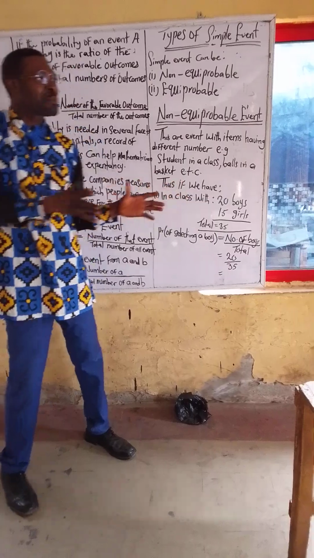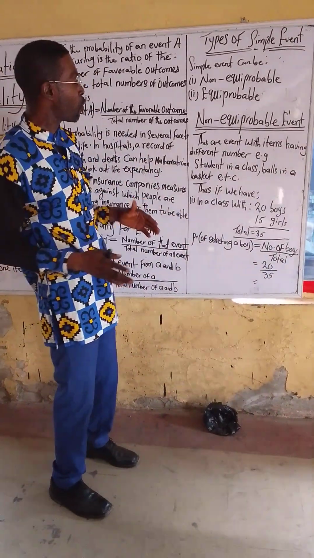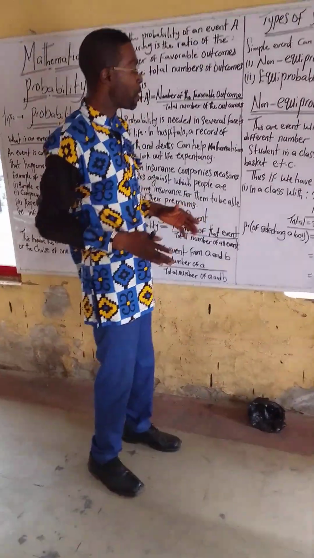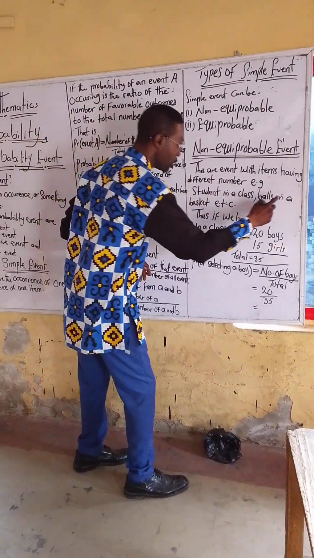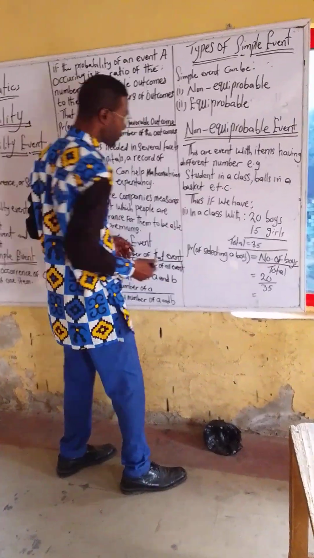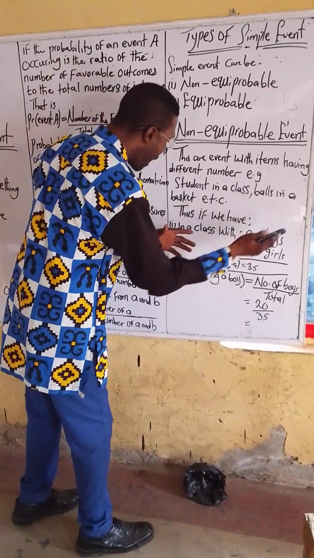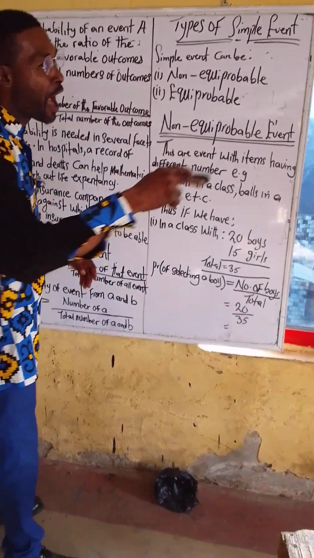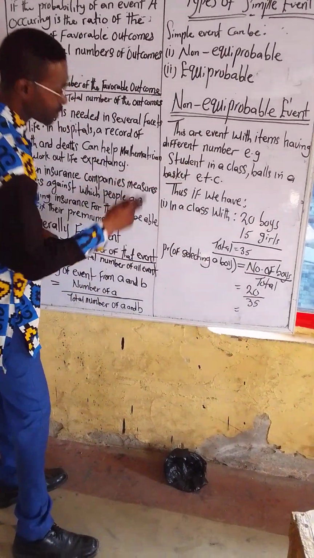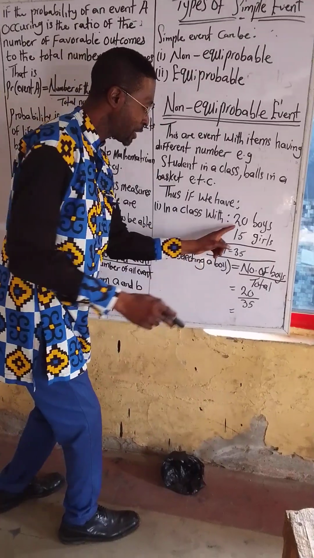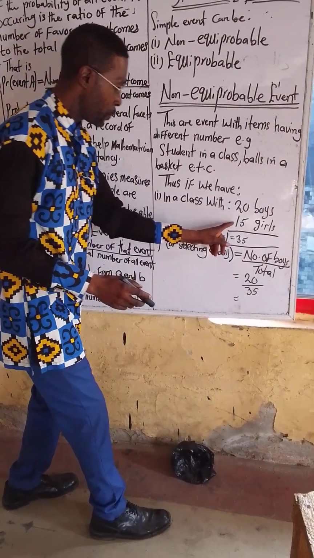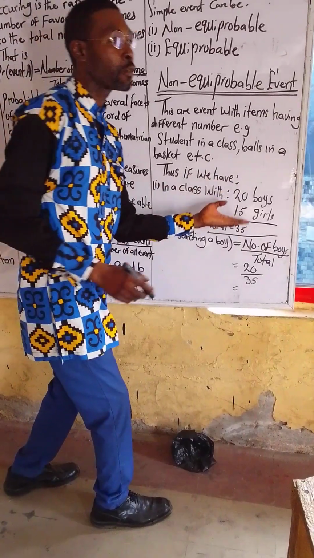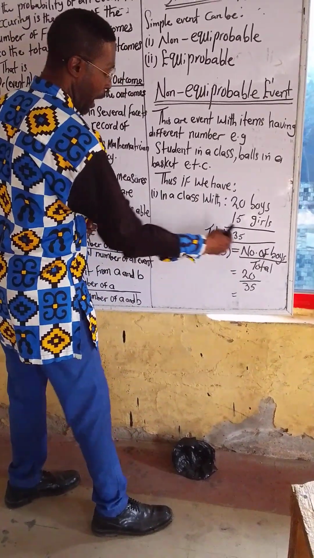If we are talking about non-equiprobable events, these are events whose items have different numbers. Events whose items have different numbers are called non-equiprobable events, e.g., students in a class, balls in a basket, etc. Thus, if we have in a class 20 boys and 15 girls, the total of them is 35.